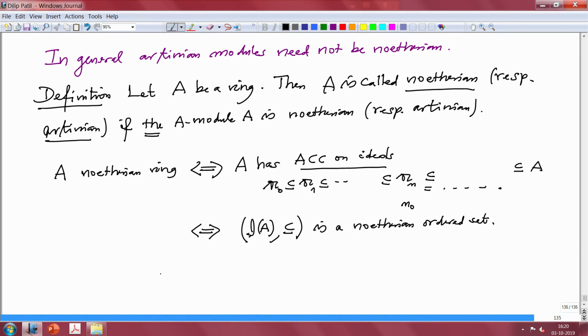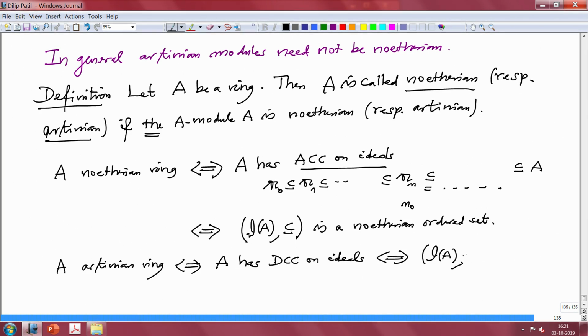Similarly for Artinian. A is an Artinian ring if and only if A has DCC on ideals, if and only if this IA with inclusion is an Artinian ordered set.